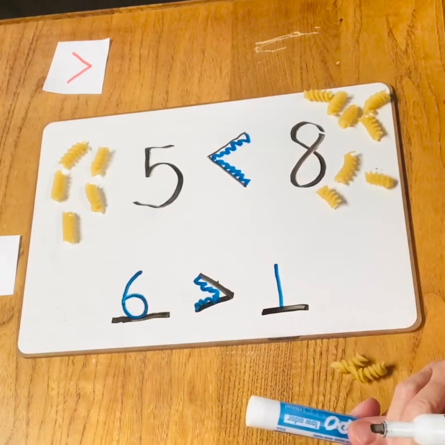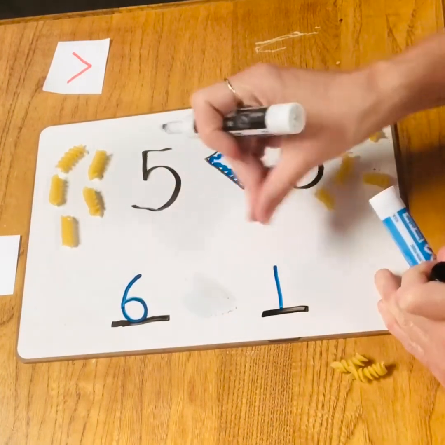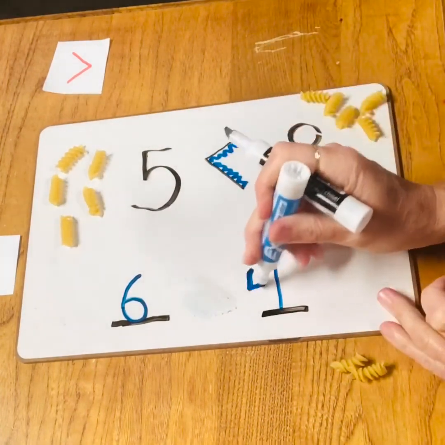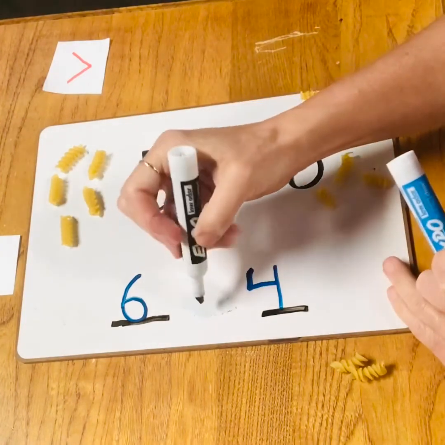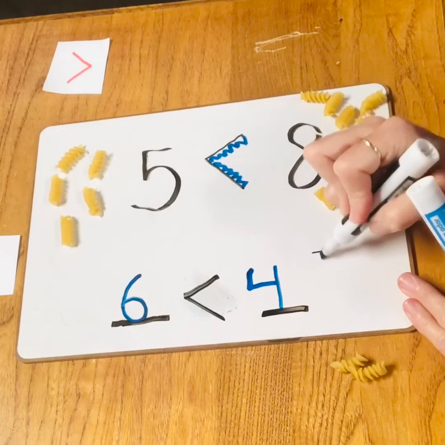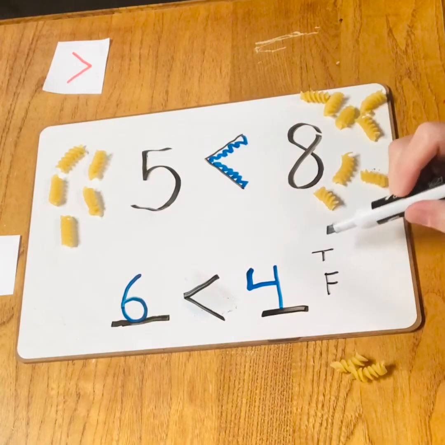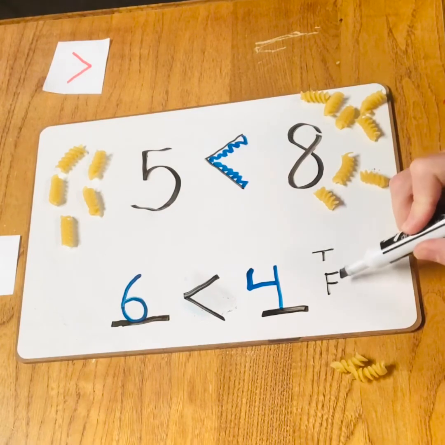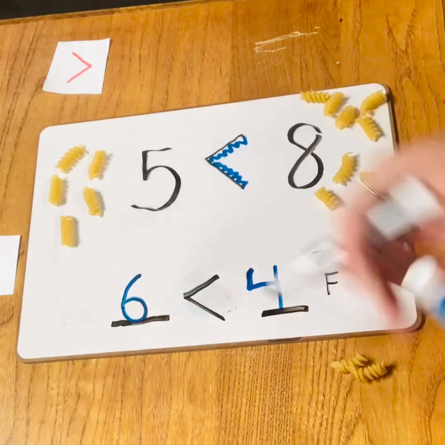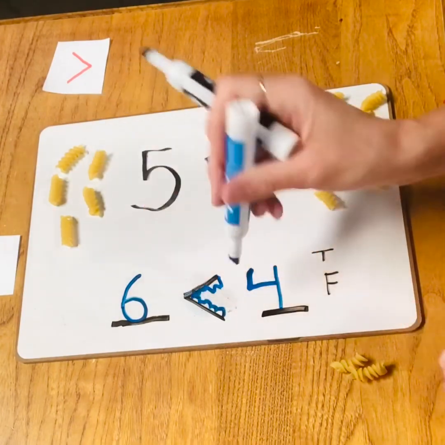And the other part is true and false. So, for example, they would have a problem possibly like this and say, is this true or is this false? Okay, T meaning true, F meaning false. And if you look, my alligator's mouth is facing the 4.